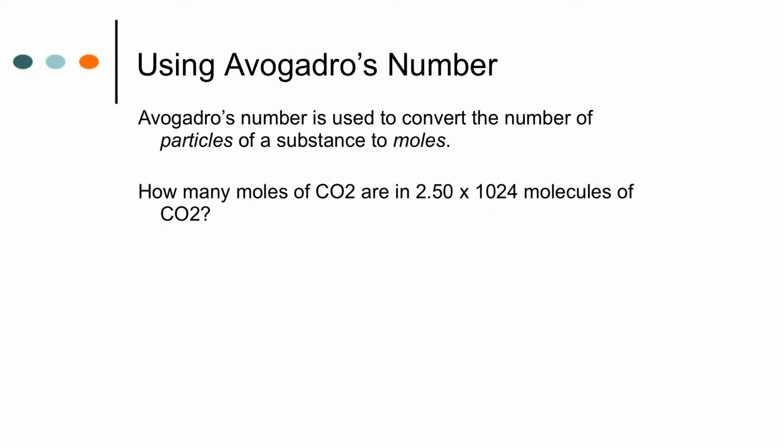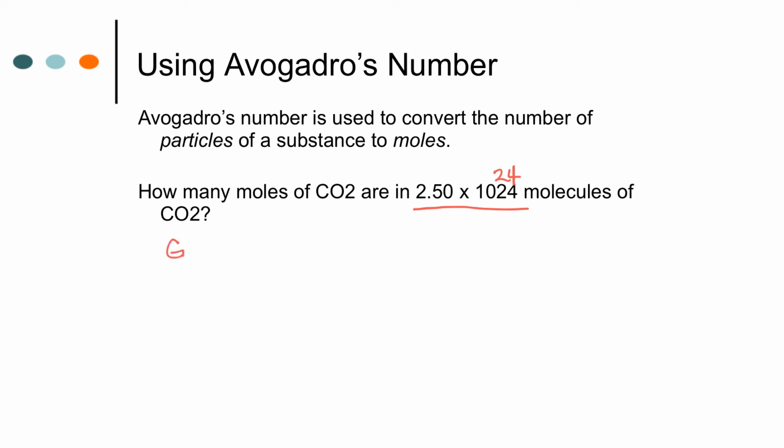So here's another one. Here is an example of trying to find the moles of carbon dioxide that are in 2.5 times 10 to the 24th molecules of carbon dioxide. And so again, we're going to start with what we're given.